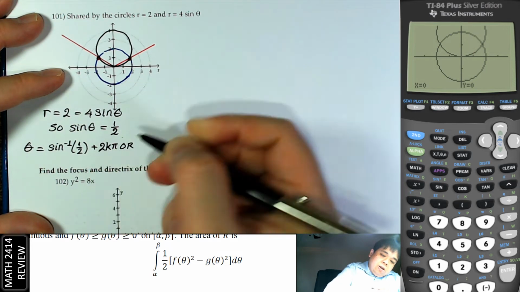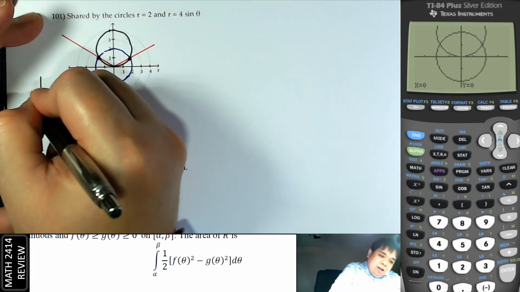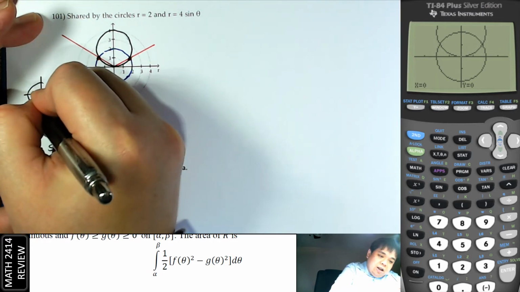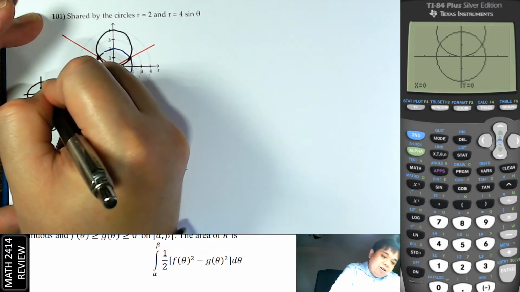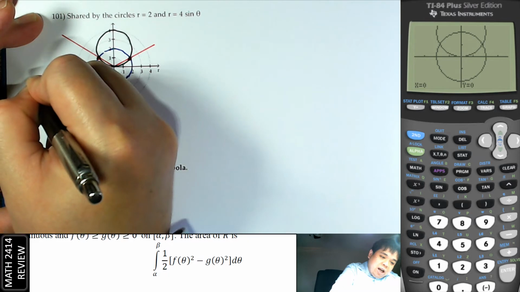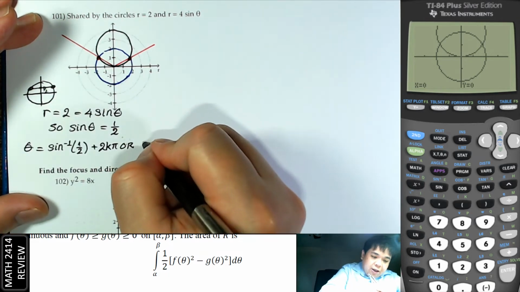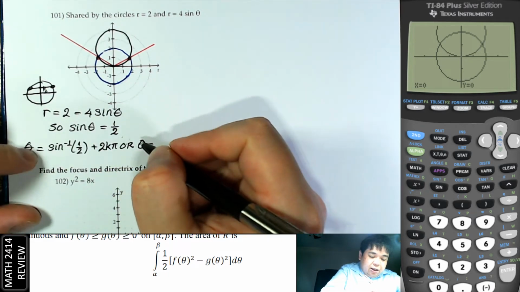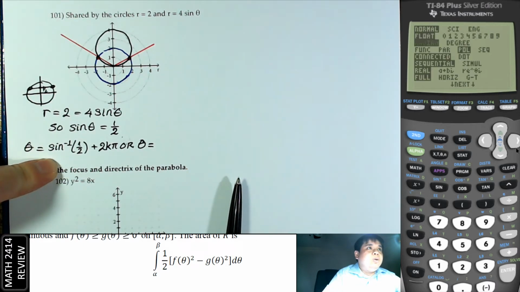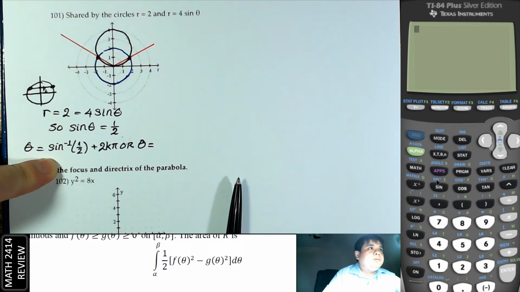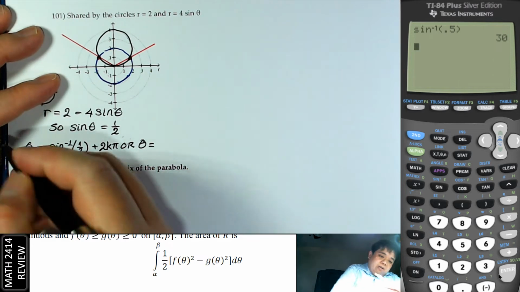Sine is the y value, and it is 1/2, so we might have this answer or the answer on the other side. Sine inverse of 1/2, if I do that, make sure that it's in degree mode, is 30 degrees or pi over 6.